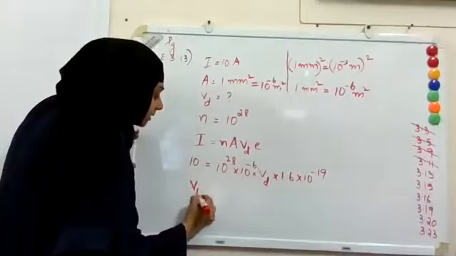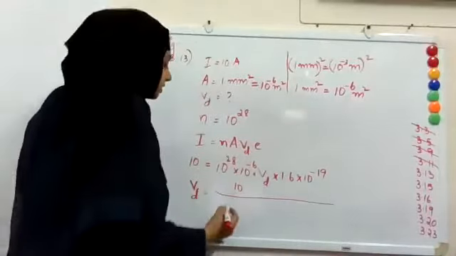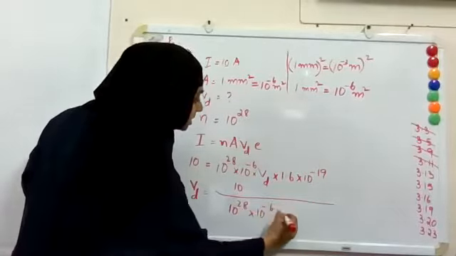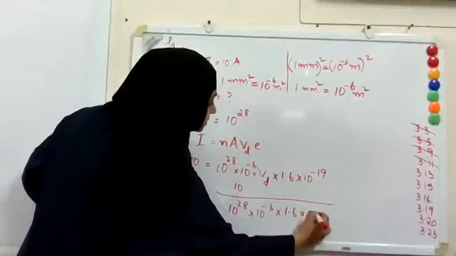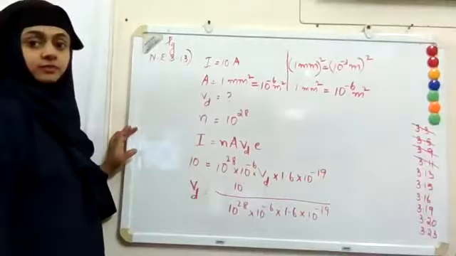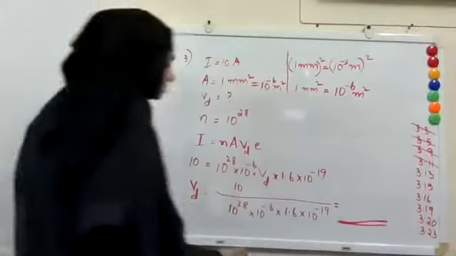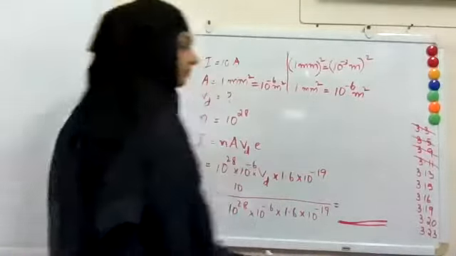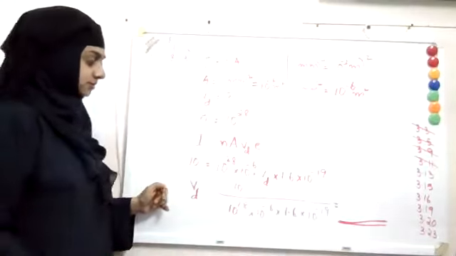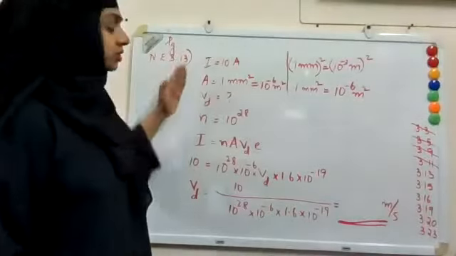So VD will be equal to 10 divided by all these quantities: 10 raised to 28 times 10 raised to minus 6 times 1.6 into 10 raised to minus 19. You are allowed to use calculators, right? So you can use the calculator and find the value, and what will be the unit? Meter per second. Meter per second, that is the SI unit. Is it clear to you?